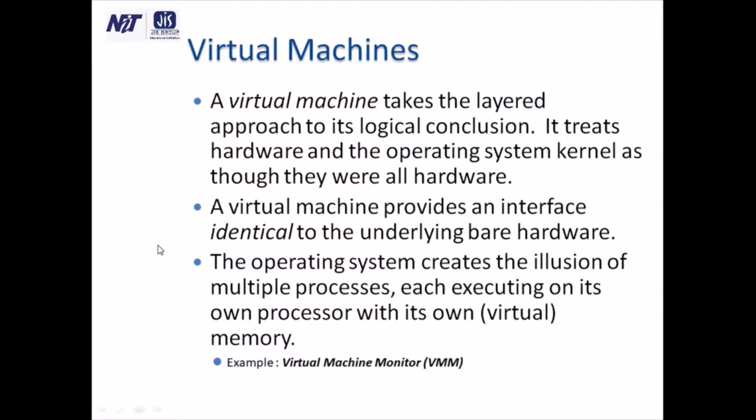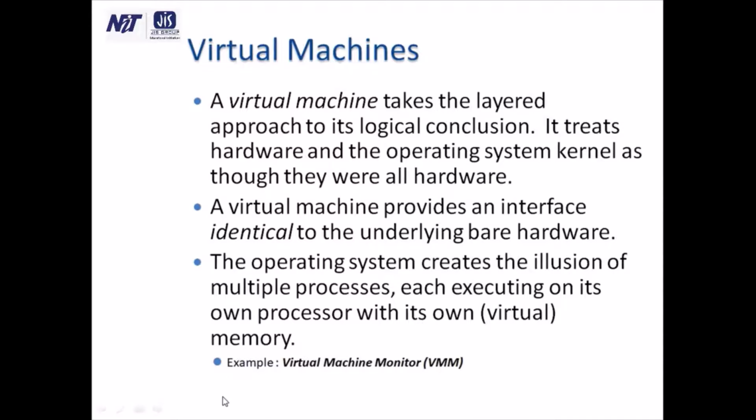And virtual machines. A virtual machine takes the layered approach to its logical conclusion. It treats the hardware and the operating system kernel as though they were all hardware. A virtual machine provides an interface identical to the underlying bare hardware. Here, the operating system creates the illusion of multiple processes, each executing on its own processor with its own virtual memory.